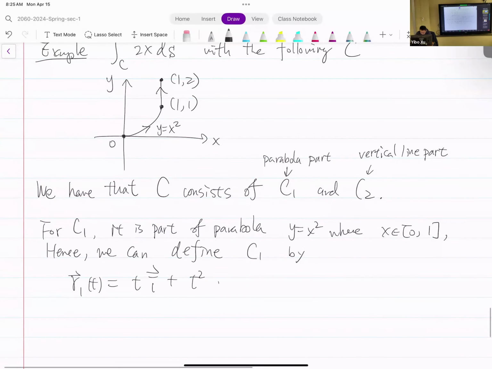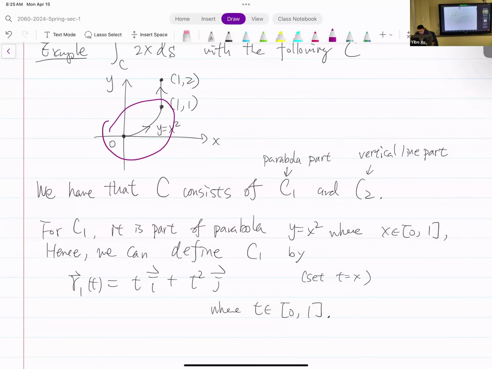Since t is just the original x from the figure, t is also between 0 and 1. So that's the parabola part, which starts from the origin to the point (1, 1). That's C1.